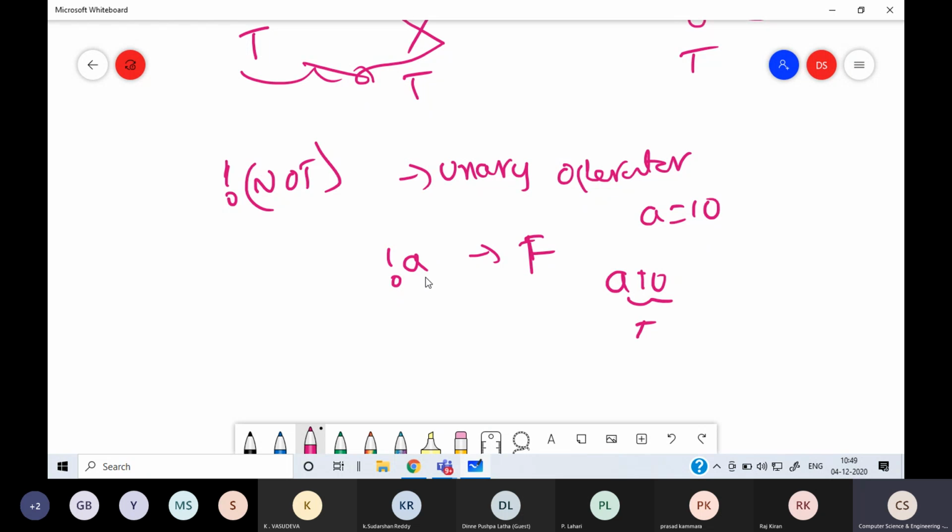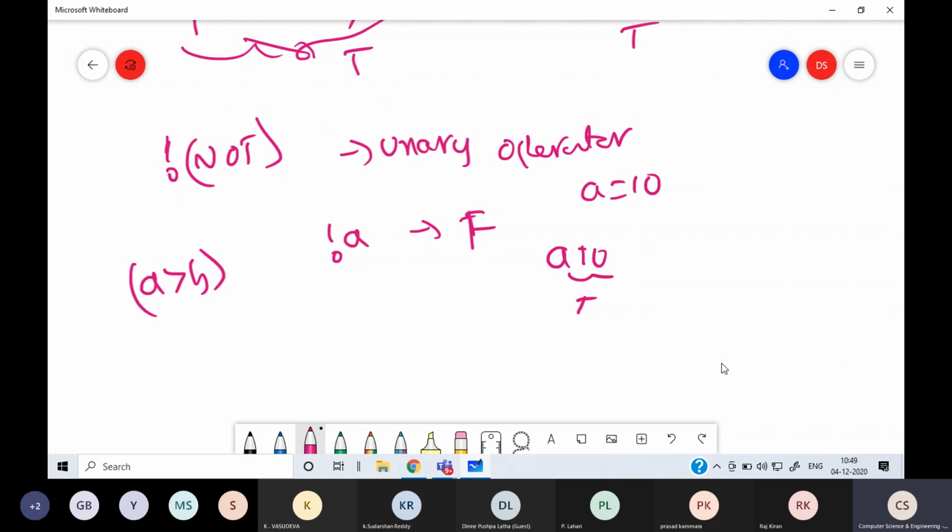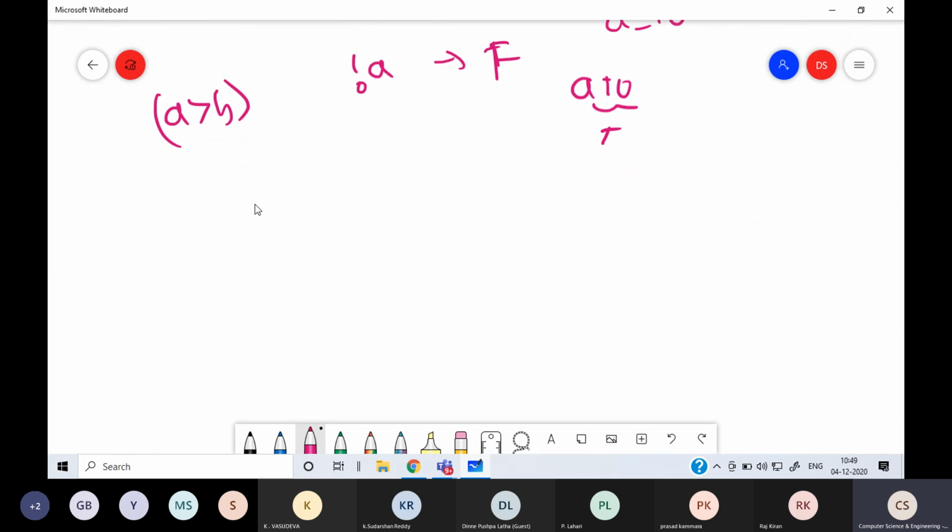So it checks whether A is 0. If A is 0, it will give true. You can apply it on a single variable. I can also apply it on, suppose, A greater than B. So what it does is it complements the result.